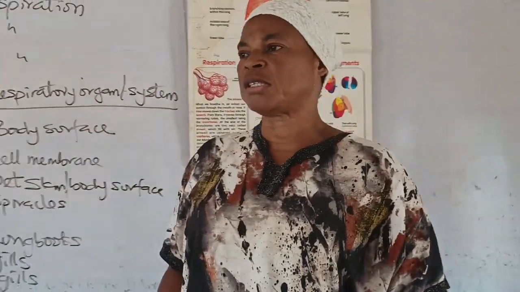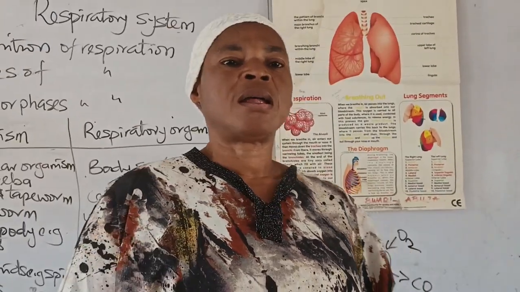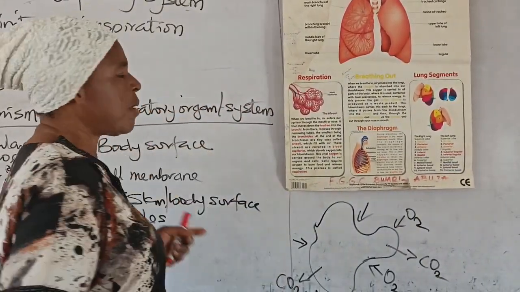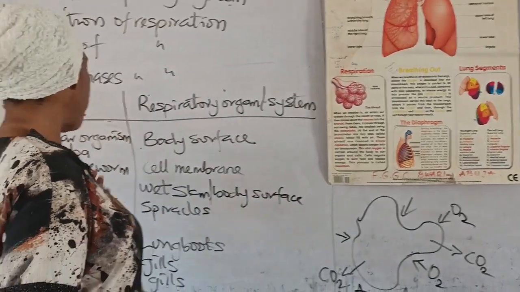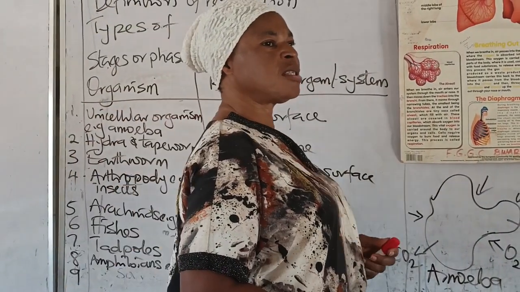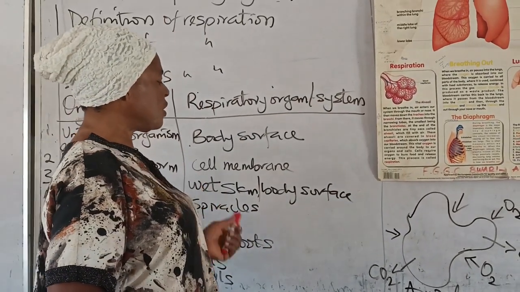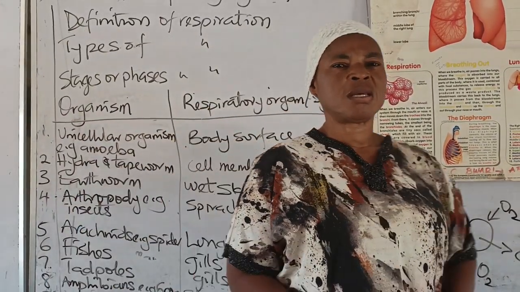And we also have organisms and their respiratory organ or system. Amoeba uses its body surface. Hydra uses the cell membrane. And then we also have earthworm. Earthworm uses the wet skin or body surface.